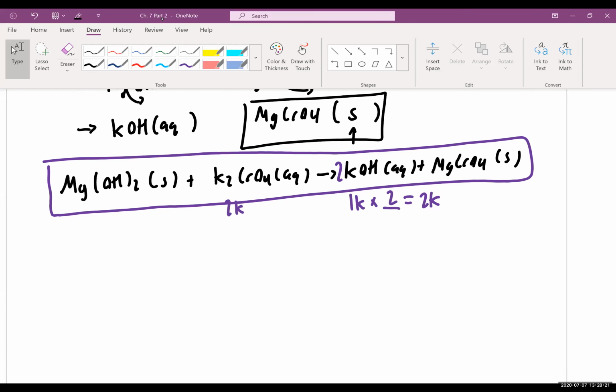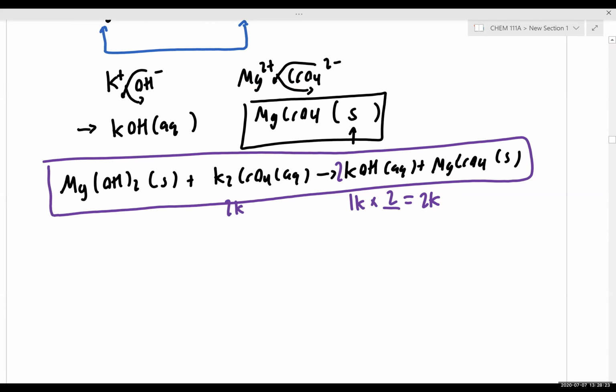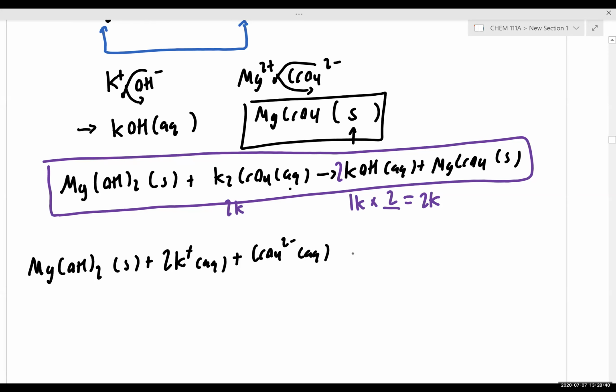So, first and foremost, magnesium hydroxide, it's insoluble, so we do not dissociate it. Potassium chromate, as it's soluble, we dissociate it into potassium plus and chromate, which is CrO4 2-. Potassium hydroxide is soluble, so we dissociate it into potassium plus and hydroxide. Magnesium chromate is insoluble, so we keep it together.